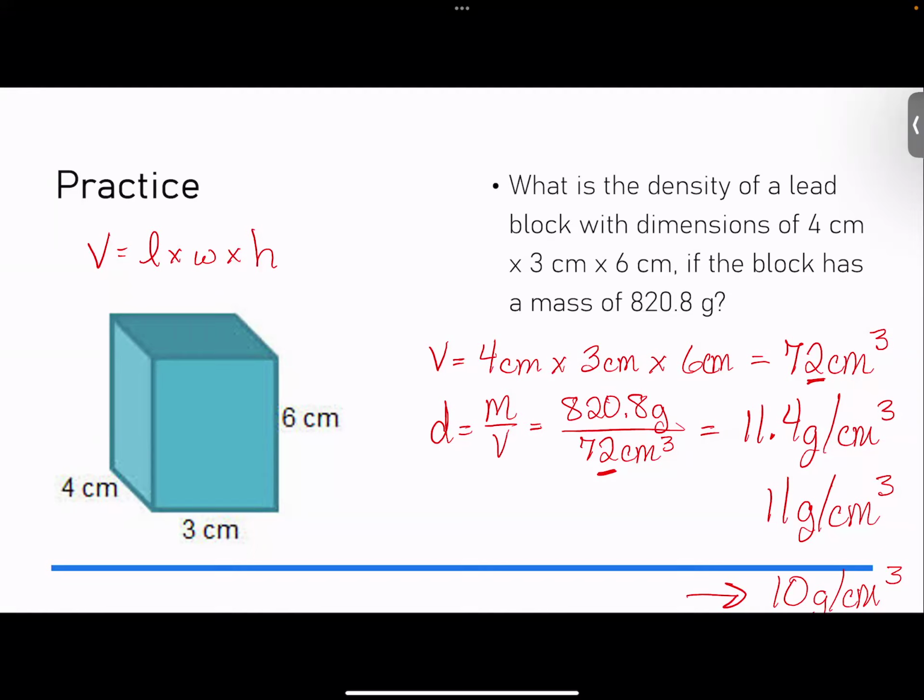But when it comes to reporting something in literature, then yes, I have to report it as 10, even though that makes it off because of sig figs.